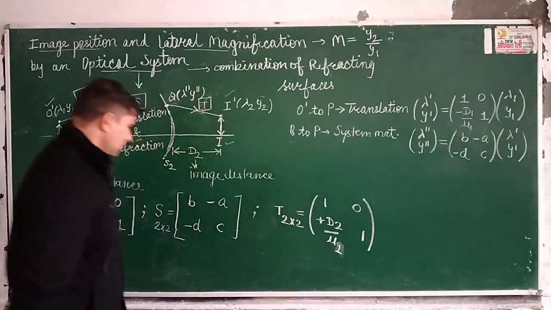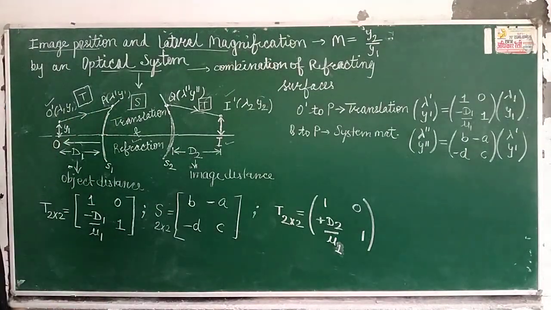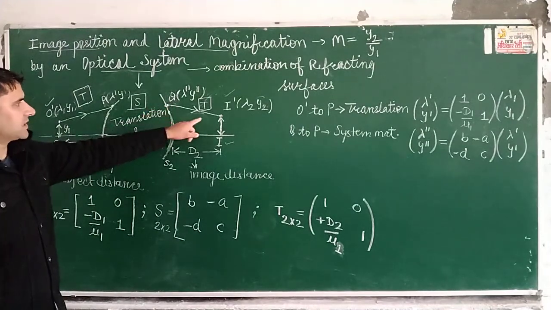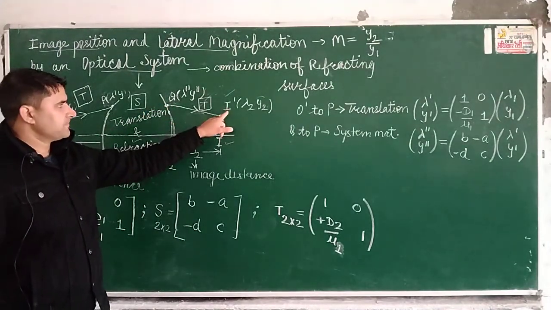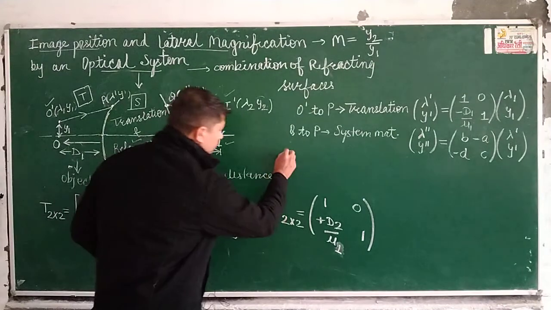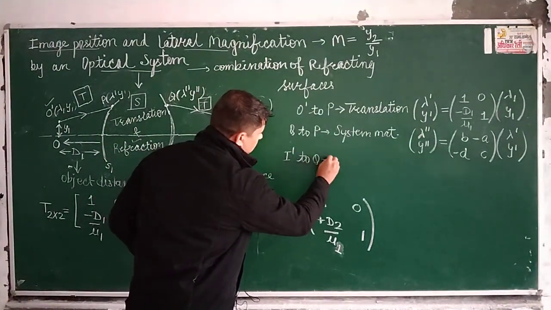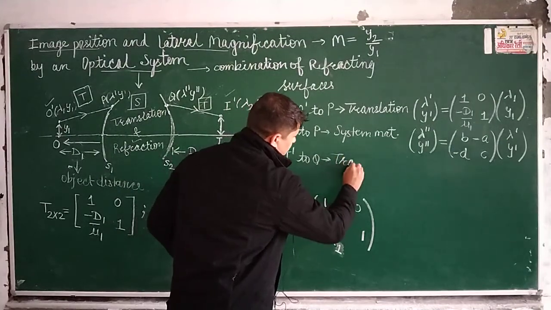This is the thing which you will make use of here. Now we will connect the optical coordinates of I dash and Q. In between I dash and Q there is again translation.